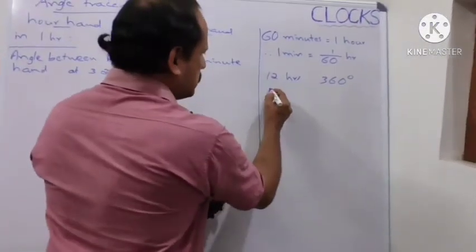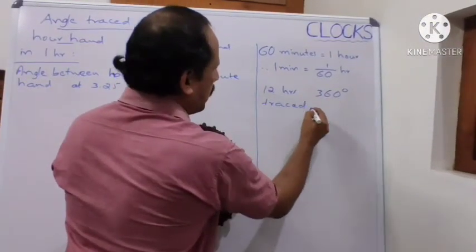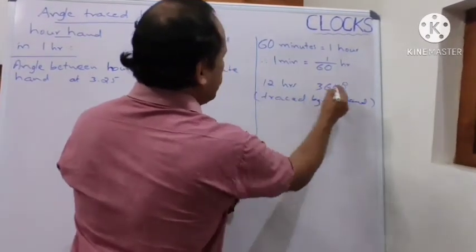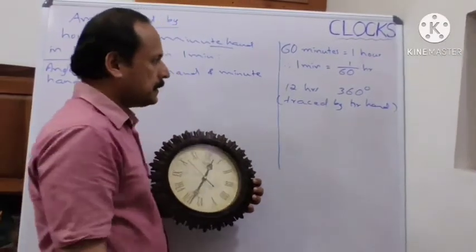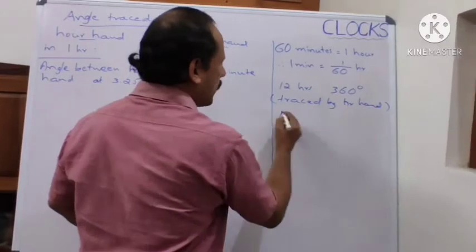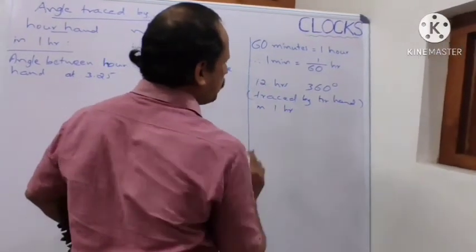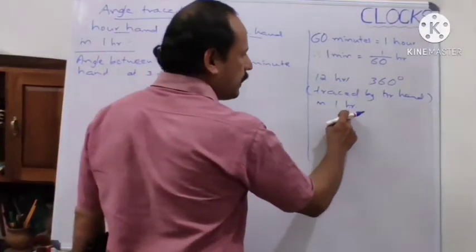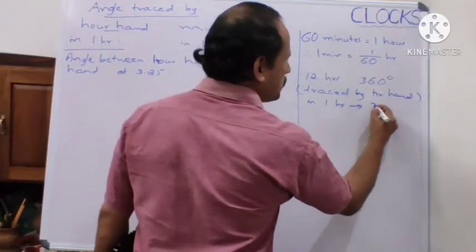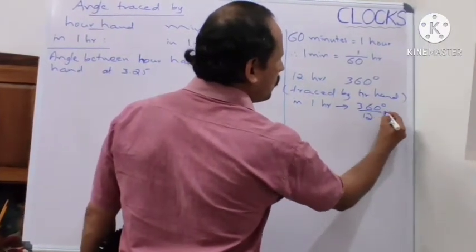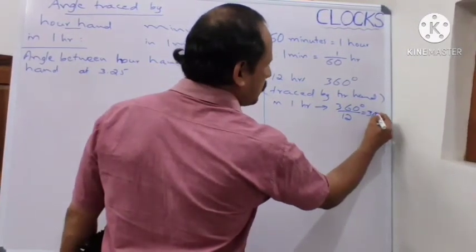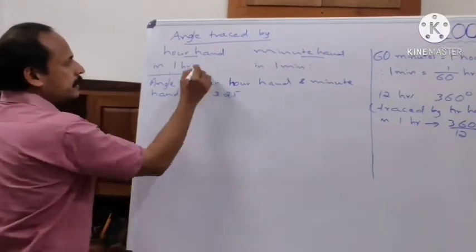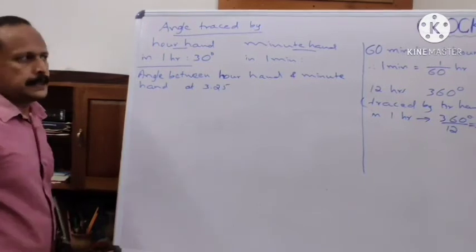We say that the angle traced by the hour hand is 360 degrees. Therefore, what is the angle traced by the hour hand in 1 hour? In 12 hours, angle traced is 360 degrees. Therefore, in 1 hour, the angle traced is 360 degrees by 12, and that is 30 degrees. Thus, angle traced by the hour hand in 1 hour is 30 degrees.